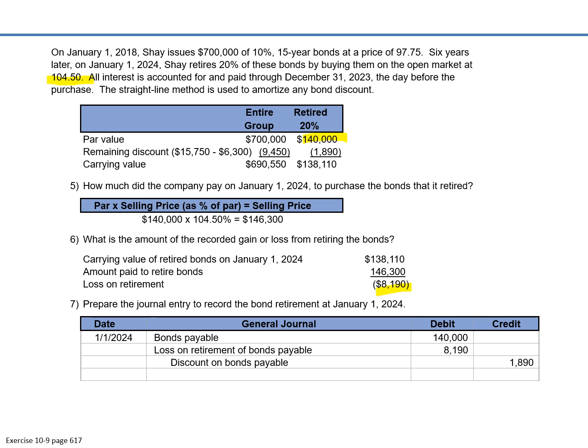Discount on bonds payable is a contra liability normally, so it normally has a debit balance. So we need to reduce it, and the way that we do that for the 20% retired piece is with a credit. And then we have cash of 146,300, which is what we paid to retire the bonds. Right here. Okay?